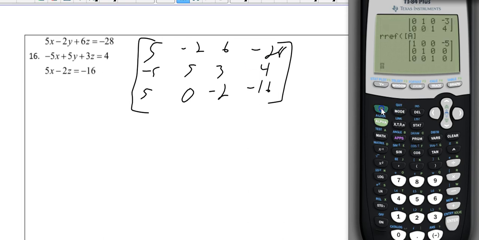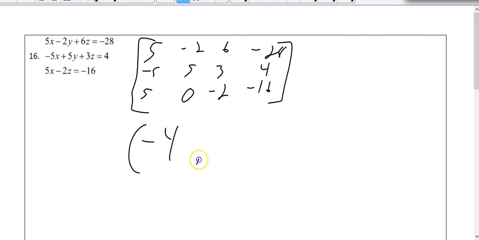Quit out. Go back in. Math. REF. Negative 4, negative 2, negative 2. X, Y, Z.